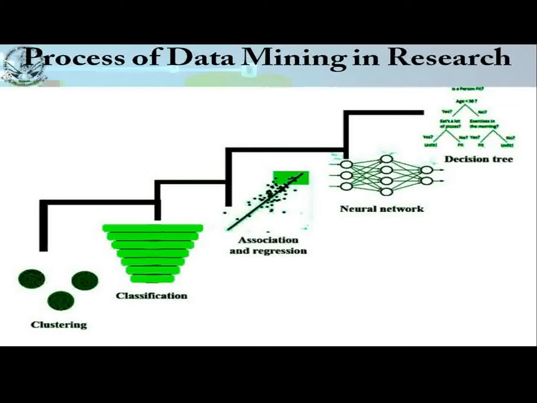After association and regression, as you can see in the given diagram, it comes to the neural network. The word comes from neuron. A neural network is like a brain network: a series of algorithms mimicking the human brain.